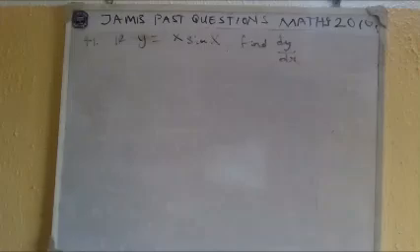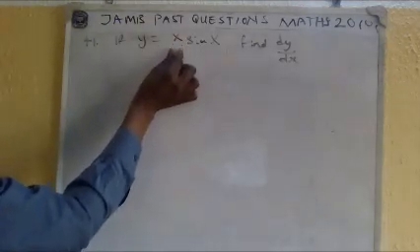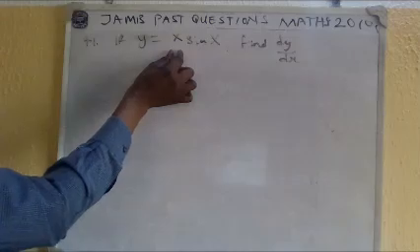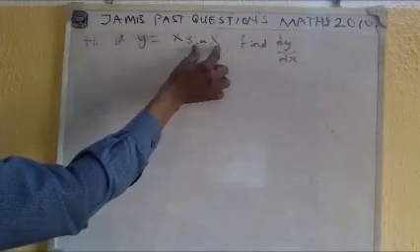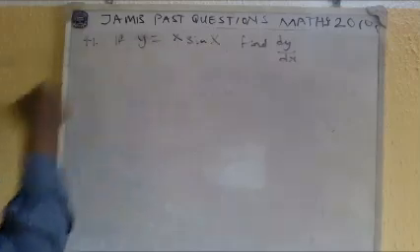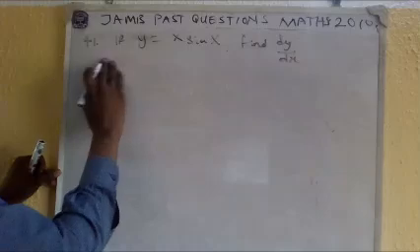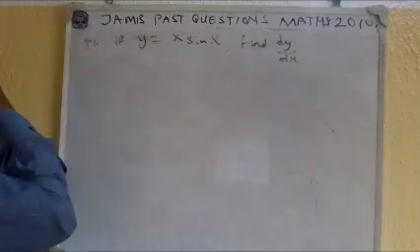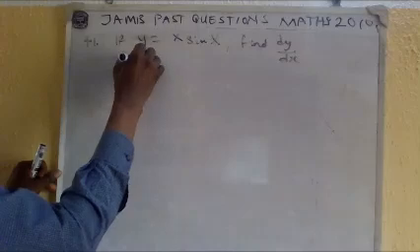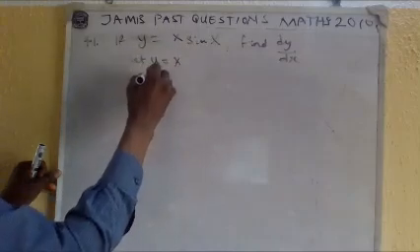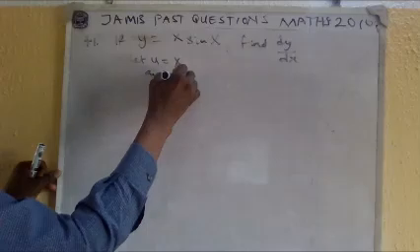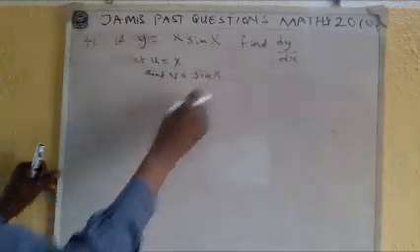So this one is a product rule. There are two functions here. x is a function, and sine x is also a function of y. So this is product rule. We have done function of a function. So it's product rule. Let u be x and v be sine x.